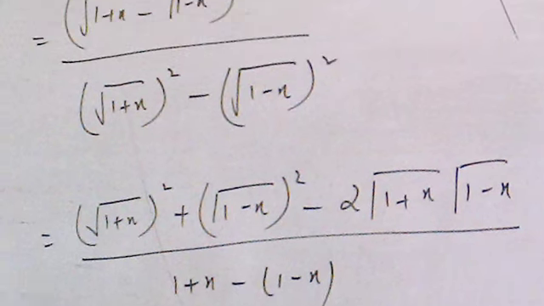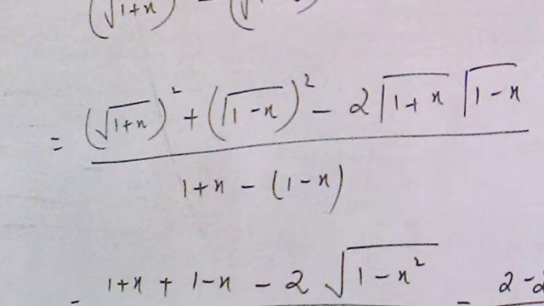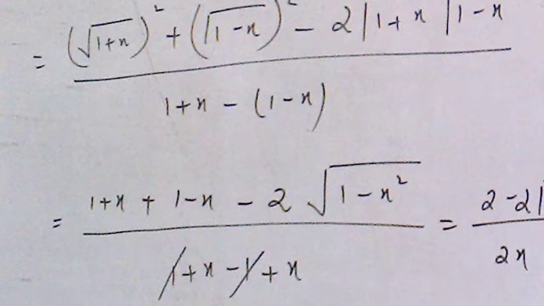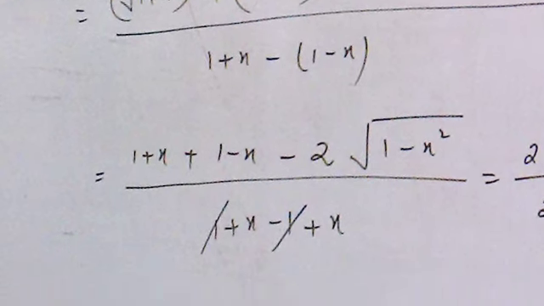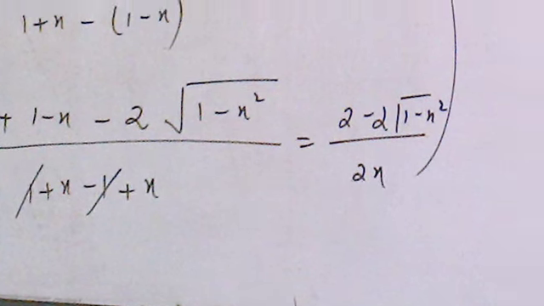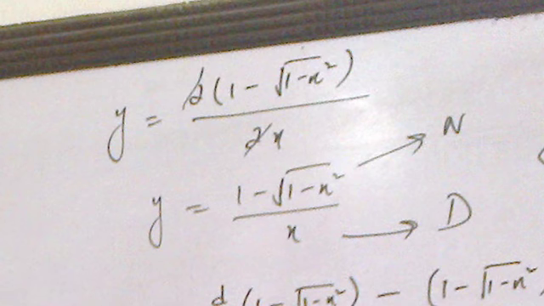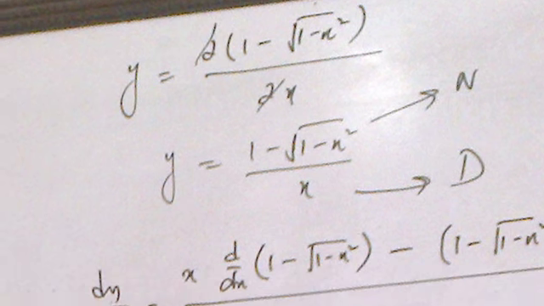Now numerator is a square plus b square minus 2ab, and in denominator, and then we simplify these values. We got 2 by 2.